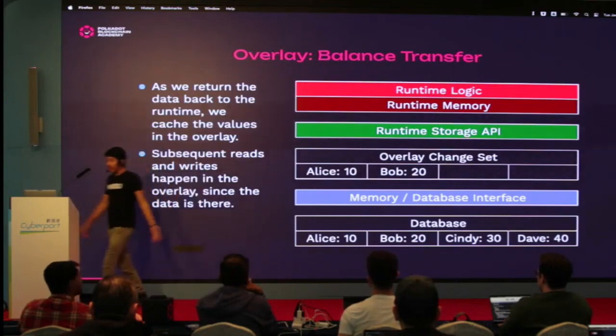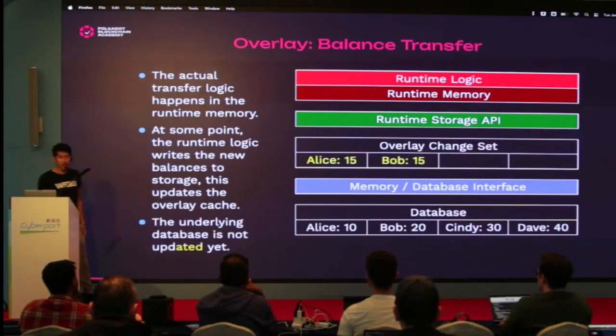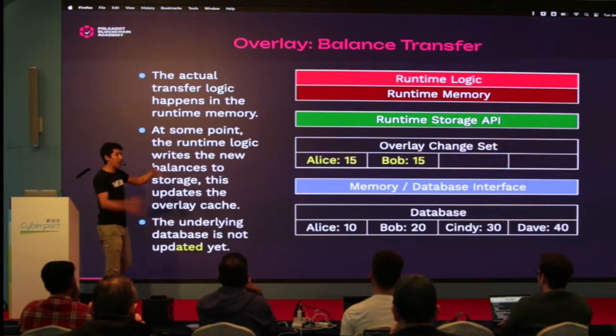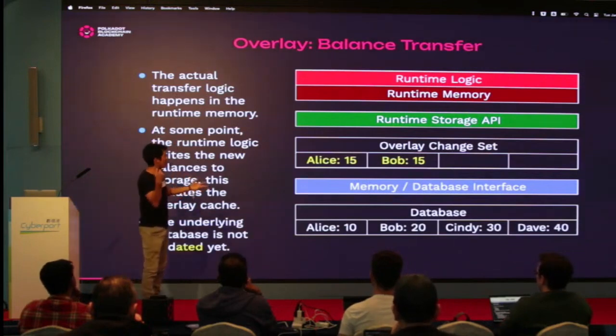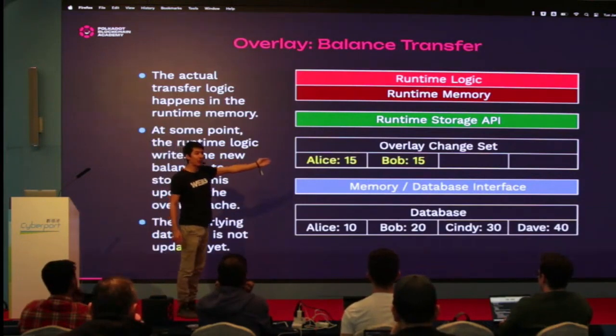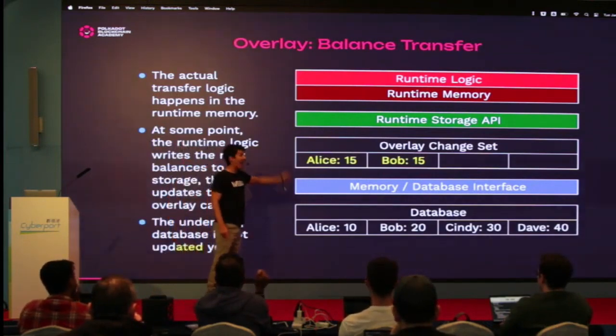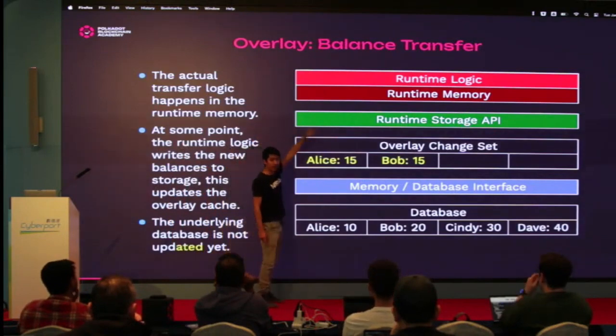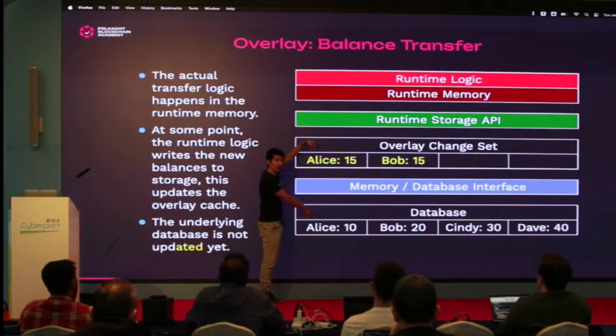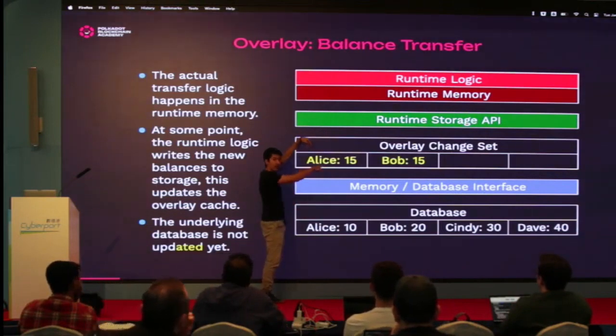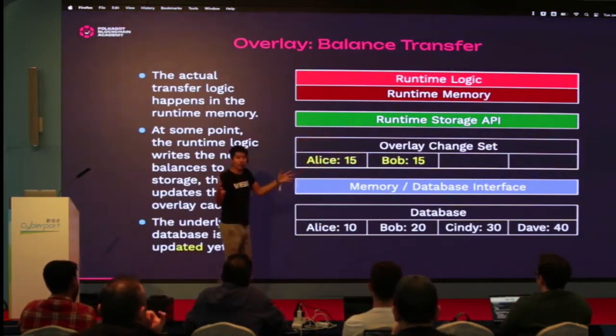Then the runtime logic will actually execute and update the balances. We'll take 5 from Bob and give 5 to Alice. You can see here we have modified values in the overlay change set, but the database still has the old values. But every single time you're reading from the runtime, you're hitting the overlay first, so you're never going to get the old values. You're always going to get the new values, so you're always up to date.